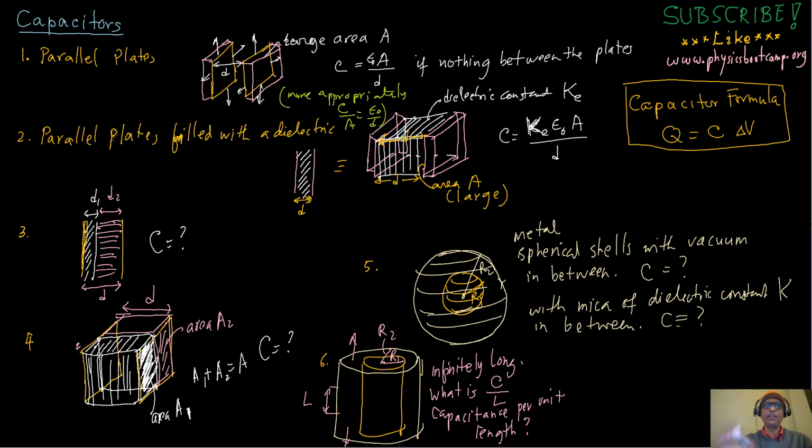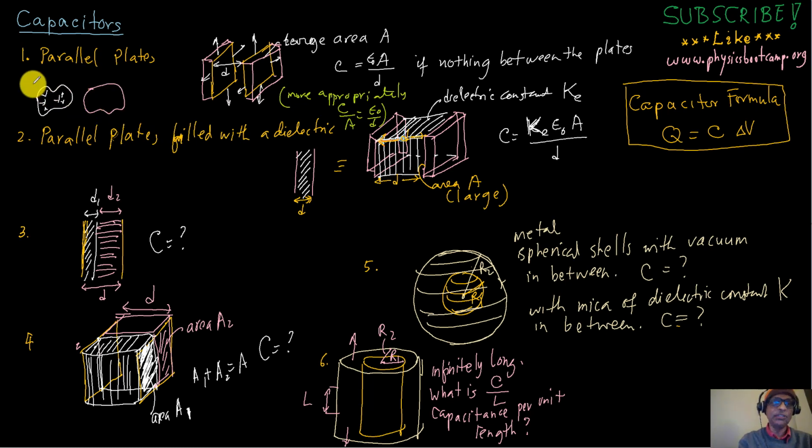You can have a metal of any shape, like this, and you can put some positive charge on it, so it's holding charge. So it's a capacitor. But normally with capacitors we deal with two metals.